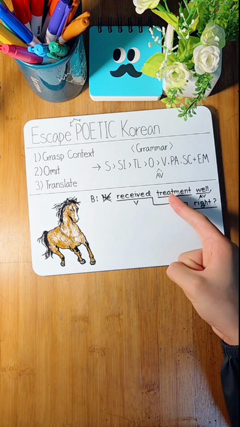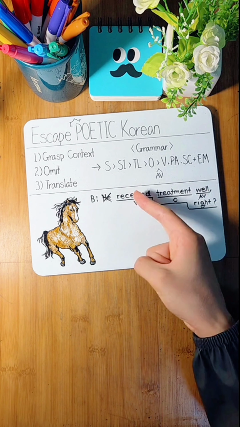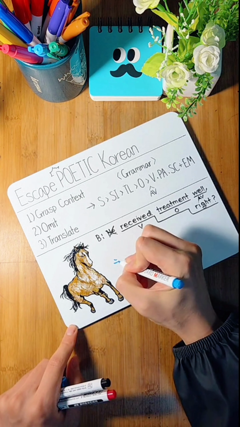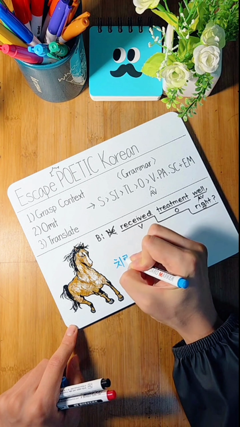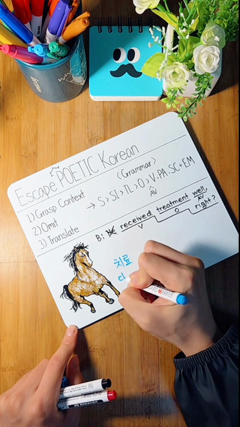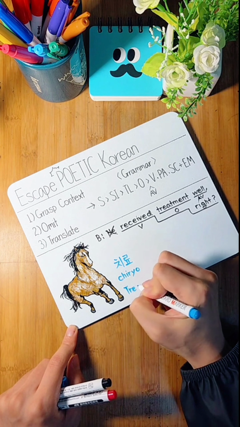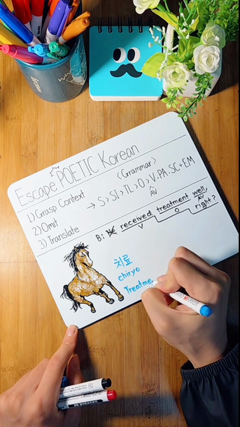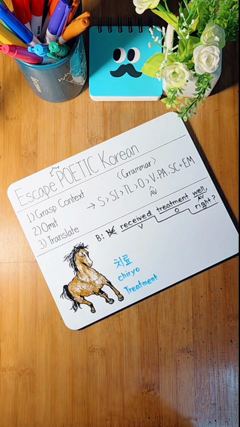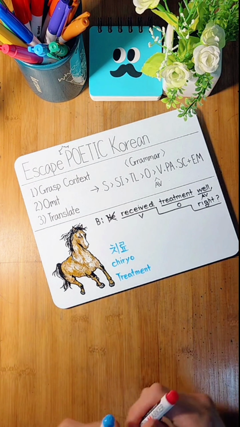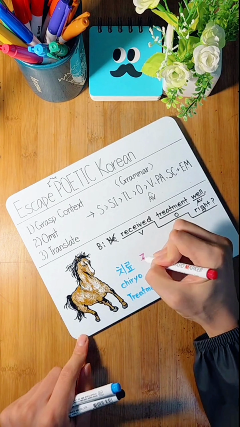So we have the object and then the adverb and then the verb. So treatment, when you're talking about medical treatment, 치료. And then let's go to the adverb well, 잘.